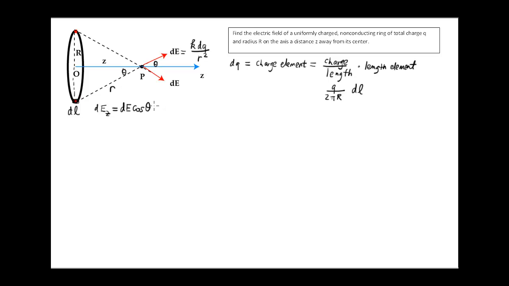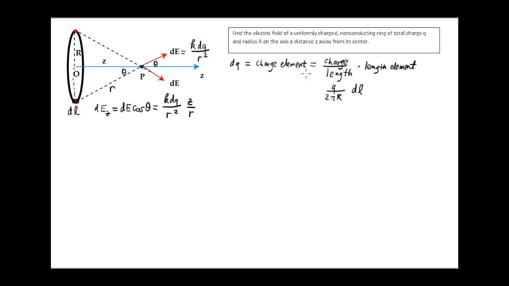Alright, so let's go ahead and make some substitutions here. dE, we know, is k dq over r squared. Cos theta, we just said, oh, I had that wrong. Cos theta is z divided by the distance r. Right, so I caught myself in time for that. z over little r is cosine theta.